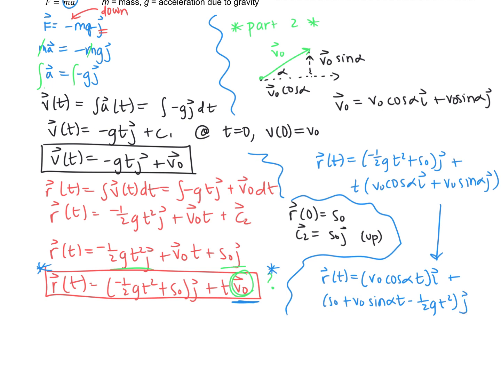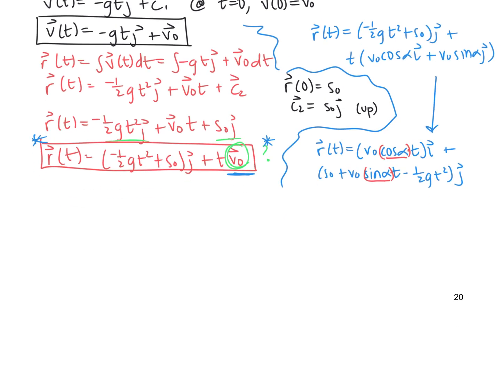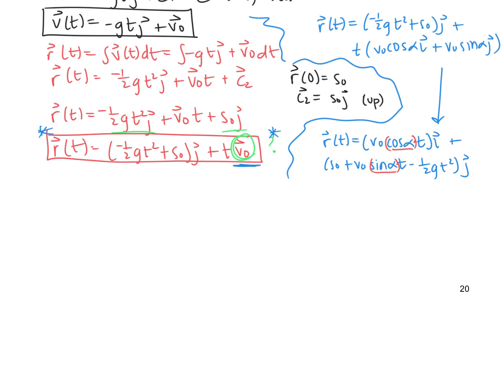Now to do a little clarification real quick, with these sines and cosines, this is cosine of alpha times t, sine of alpha times t. So the t is not part of the sine. The t is not part of the cosine. Okay, we're almost done with this derivation, so stick with me. Here's where this takes us. Firstly, we can express the position of x and y separately.